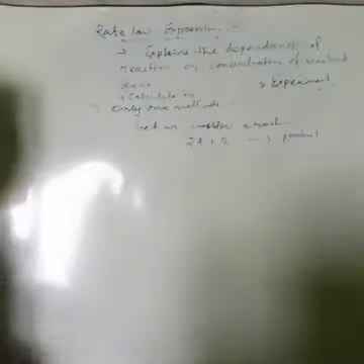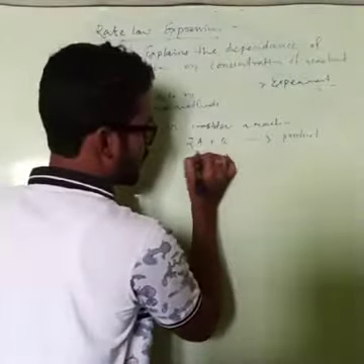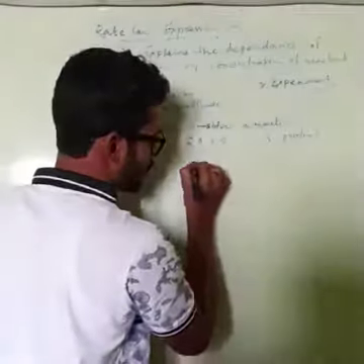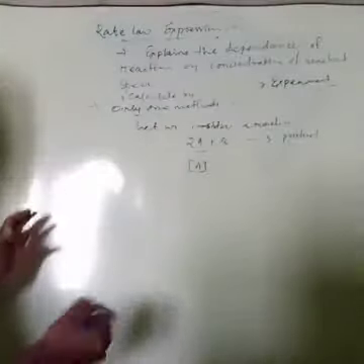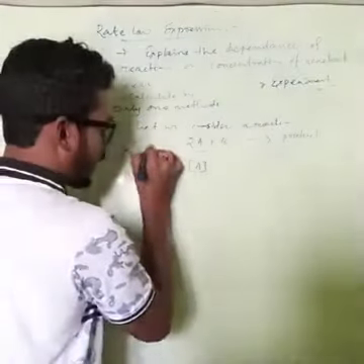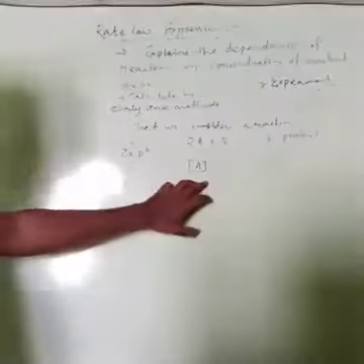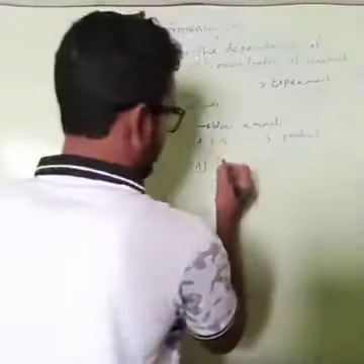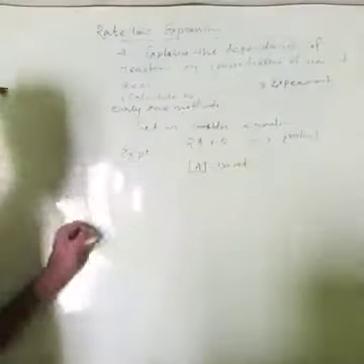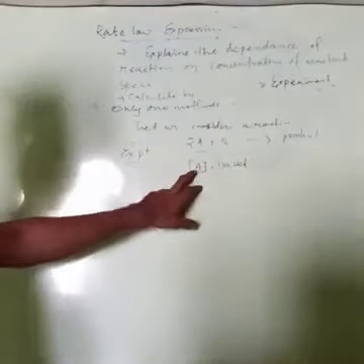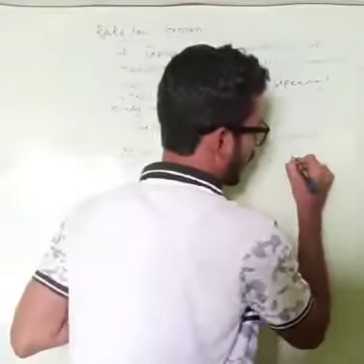Suppose the concentration of A. What you've done by experiment: you started the experiment and the concentration of A is doubled. You just doubled the concentration of A and you got to know the ROR.